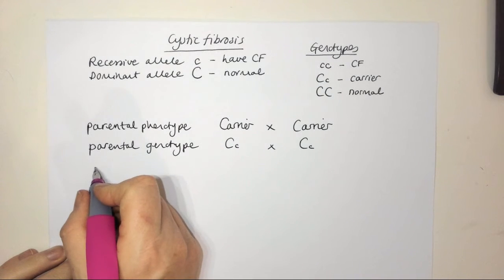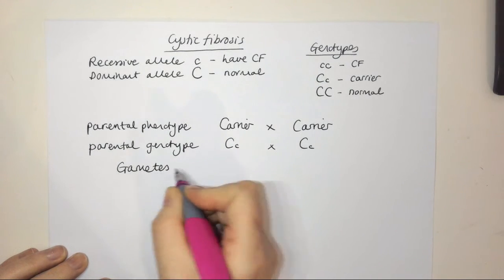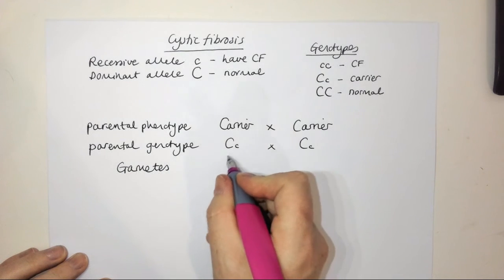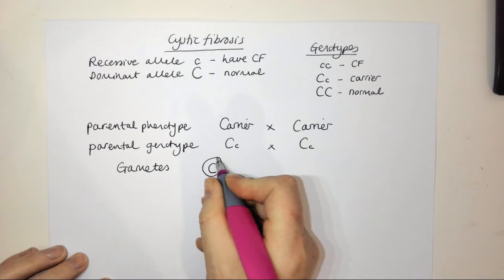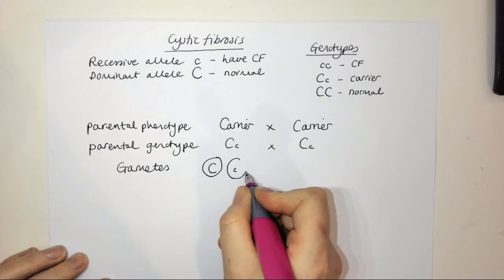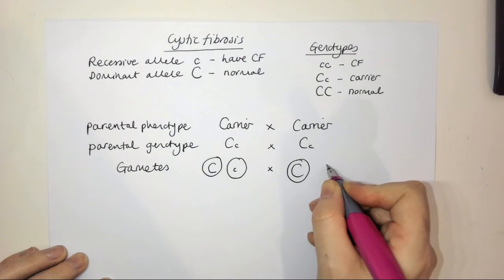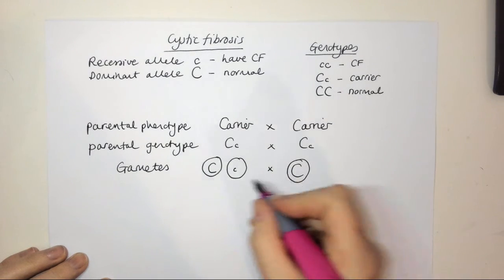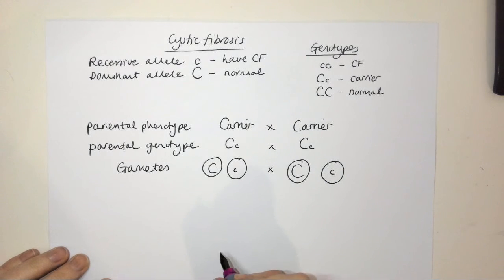What comes next? Well, we have to do the gametes. Remember, the gametes is separating out our two alleles and drawing a circle around them. Make them big, make them small. Make that one a bit bigger, make that one really tiny, so it's really obvious.